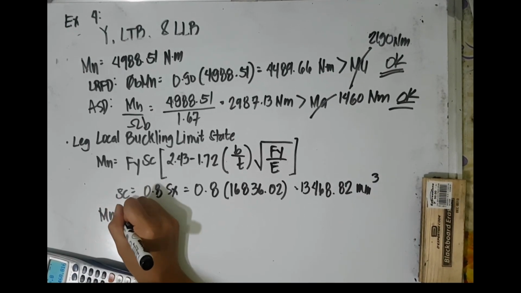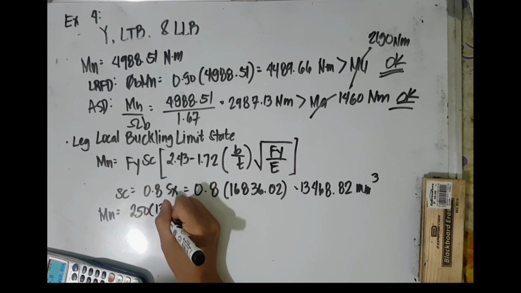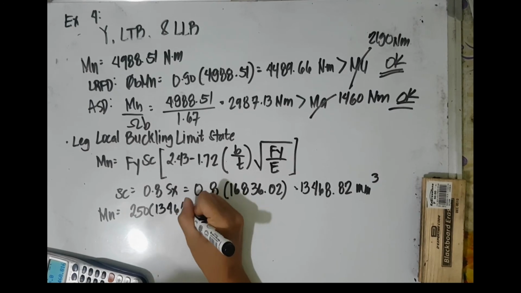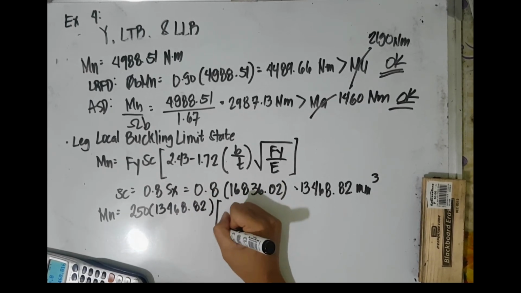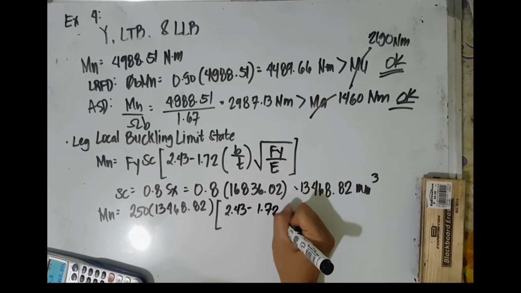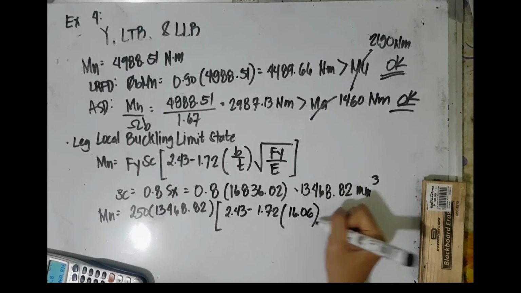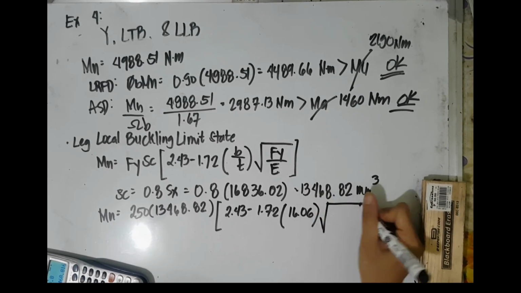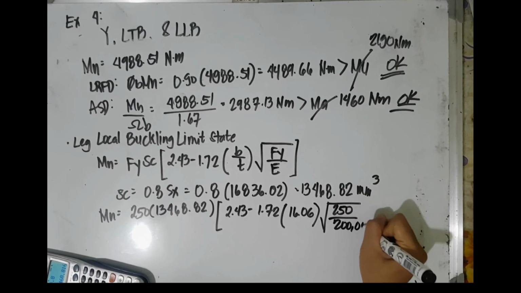So we are now ready to substitute the values on the formulas. Our b over t, or the width thickness ratio, is equal to 16.06. I just adapted what we have solved earlier.